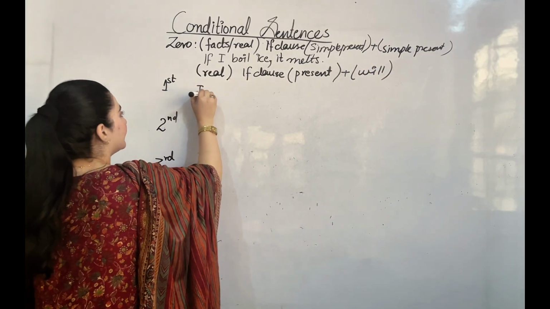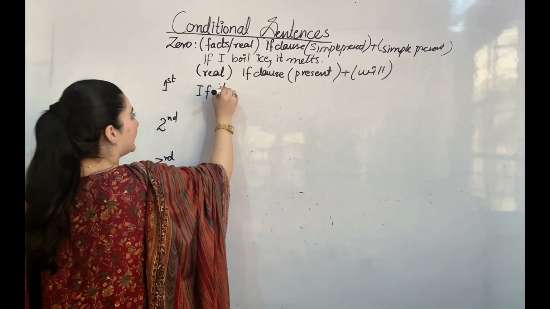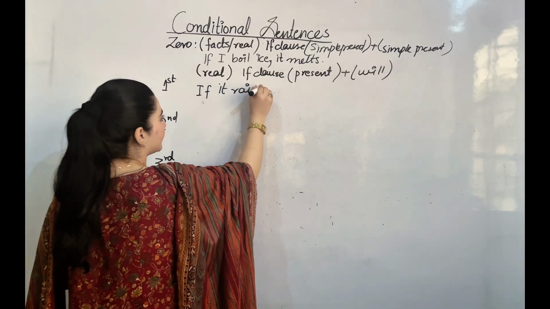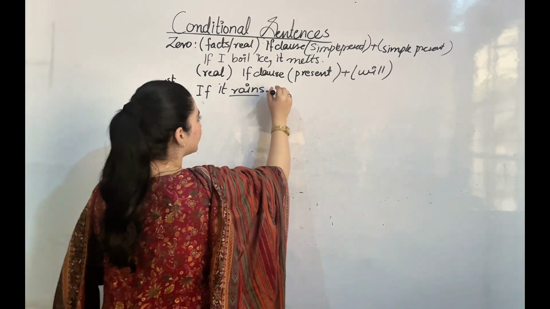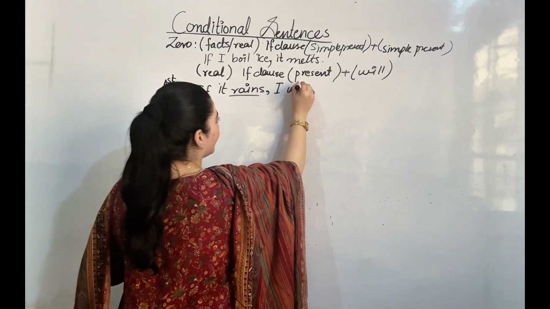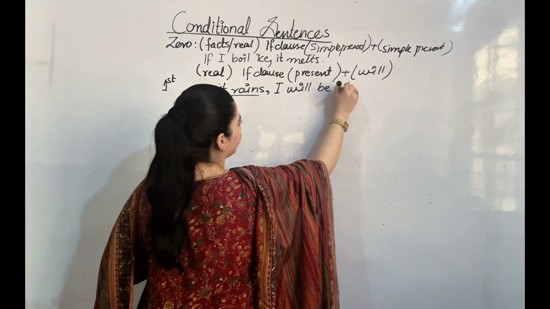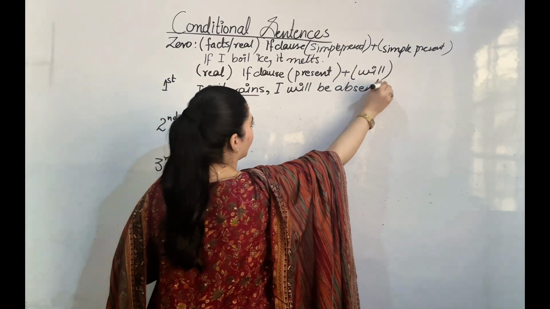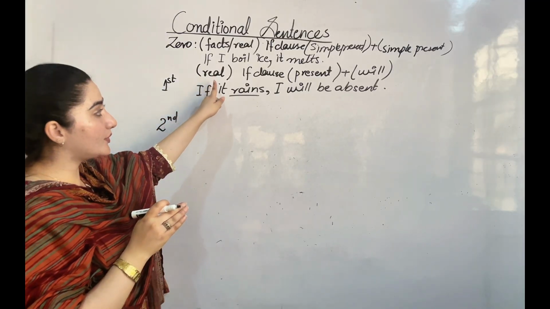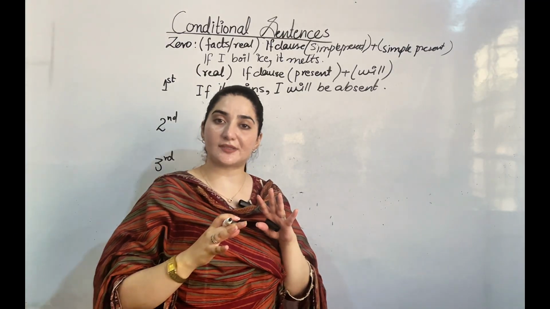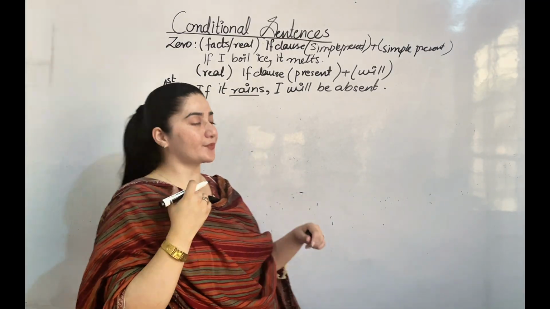For example, if it rains, what will be the consequence? I will be absent. This is known as the first conditional, used to talk about situations that are real in the present or real in the future.